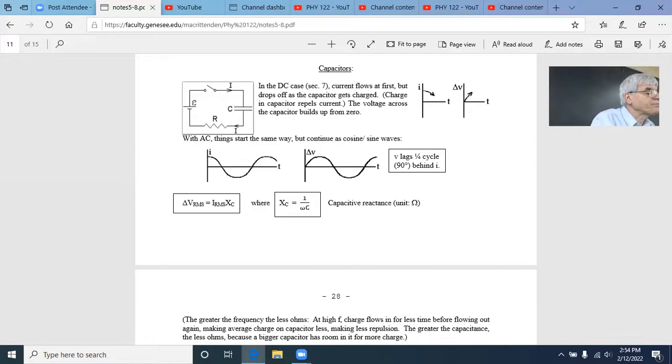So in the graphs a little further down the screen, the ones with the sine and cosine wave on them, just like in the graphs further up the page, the current starts out at some value and then goes down, while at the same time the voltage starts out at 0 and then goes up, and then the vibrations continue from there, okay? The current continues to follow a cosine wave, the voltage continues to follow a sine wave.